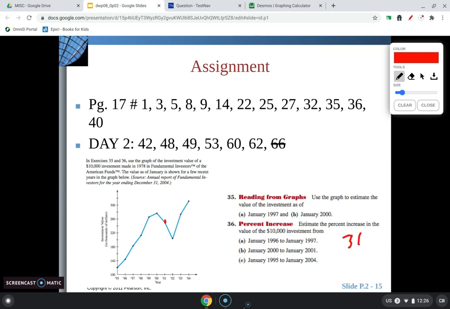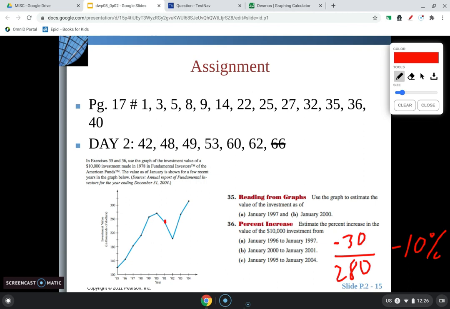So that would be 30, but it went down 30. So negative 30 million it went down. And then we started in 2000, so that would be about 280. So we're going to take negative 30 divided by 280, so that went down about negative 10%. If it goes down, it's going to be negative. If it goes up, it's going to be positive.